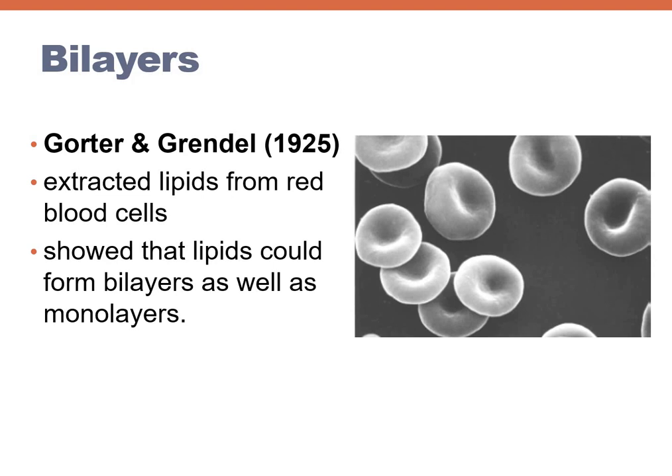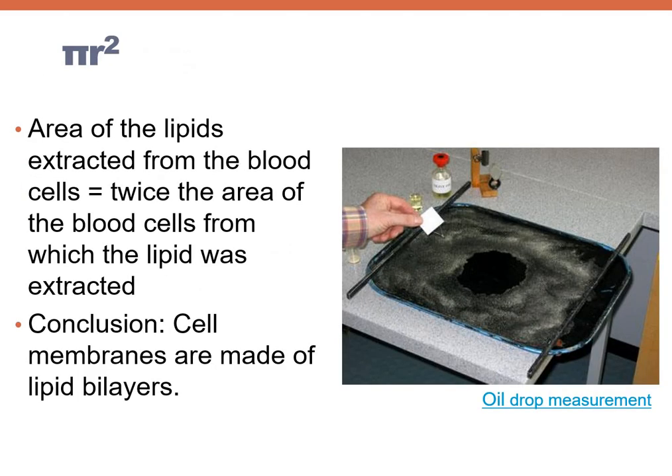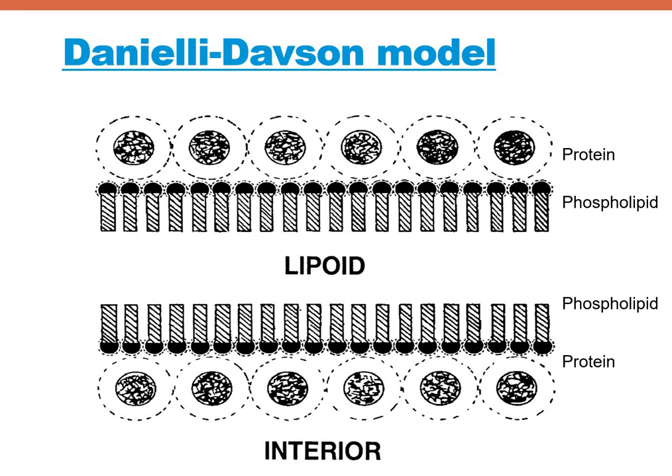Bilayers are formed when you make two layers with these phospholipids to create a structure where the tails will be completely protected and you can enclose a particular volume with this kind of a layer. This is the very initial model of how cell membranes are made, and this is called Danielli-Davson's model of the cell membrane.